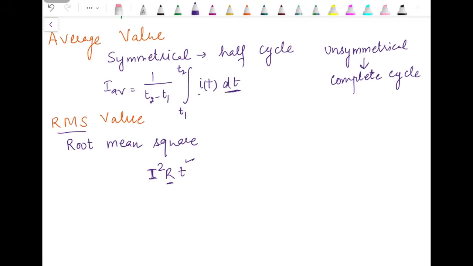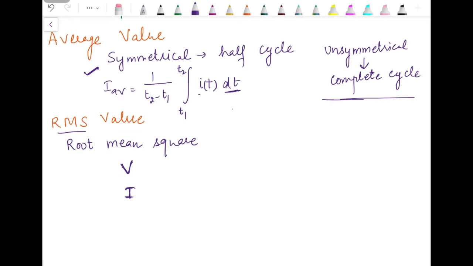So the RMS value can be calculated over the half cycle or it can be calculated over the complete cycle. But again, for symmetrical waveforms, we will calculate it over the half cycle, and for unsymmetrical waveforms, we will calculate it over the complete cycle. And how do we calculate it? The RMS is actually denoted by simple I or only V.